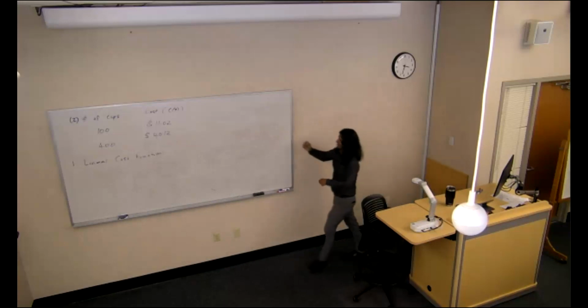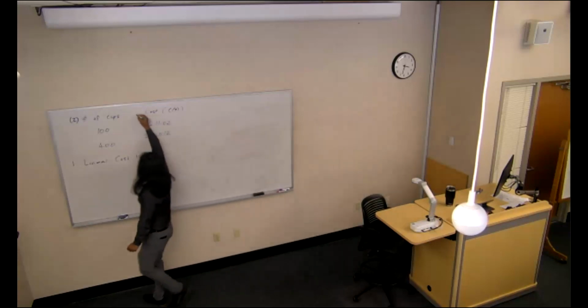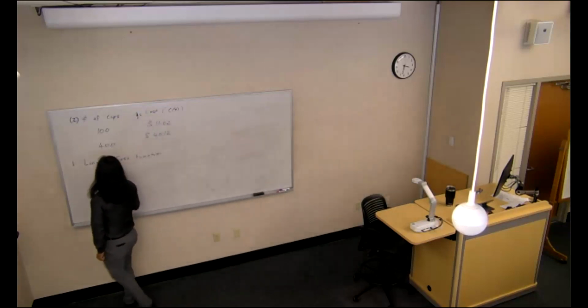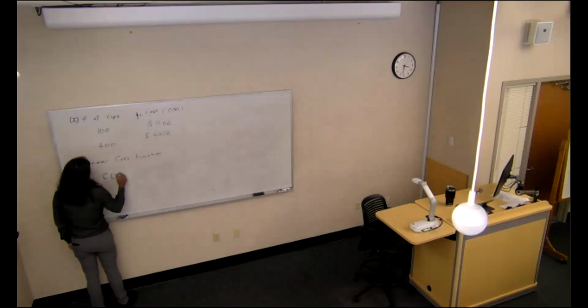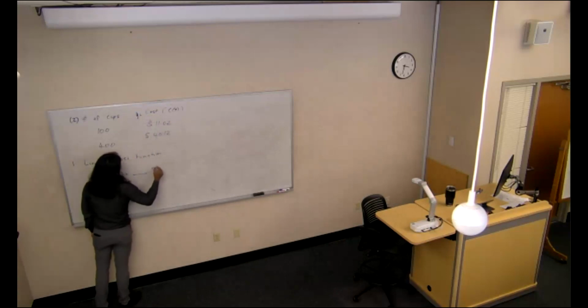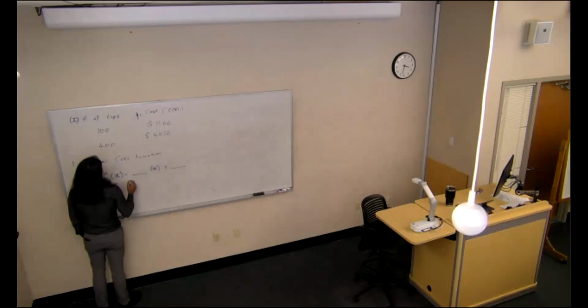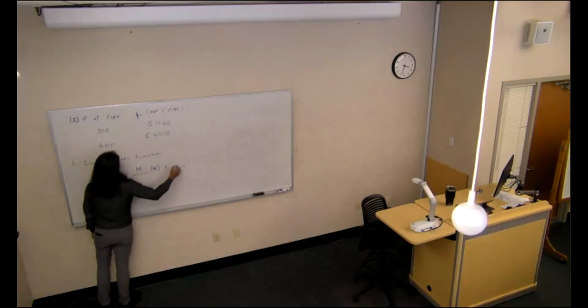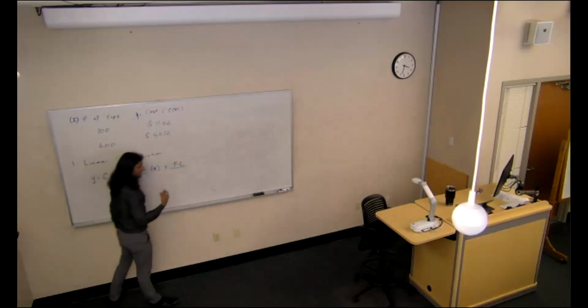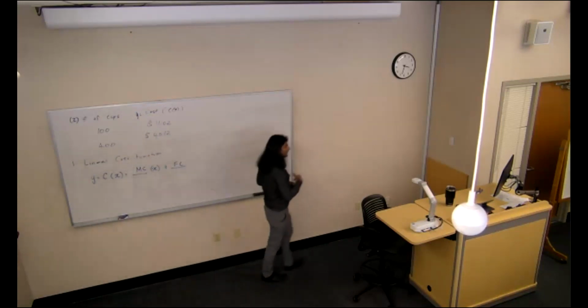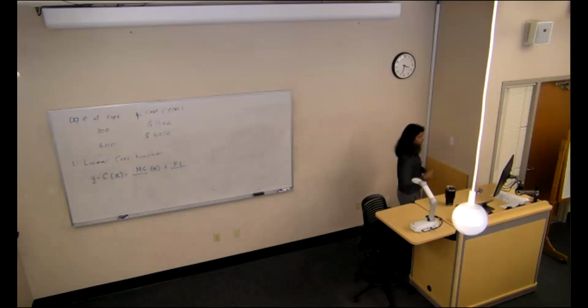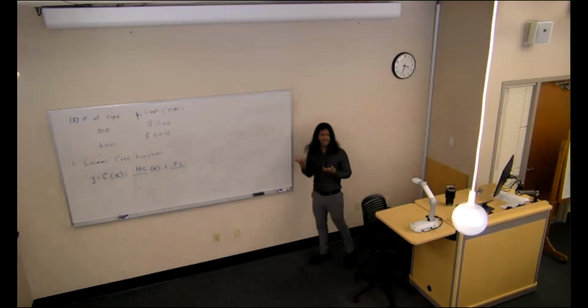Y. I'll just call it MC, FC. MC stands for marginal cost, FC, fixed cost. Great. How do we find it?